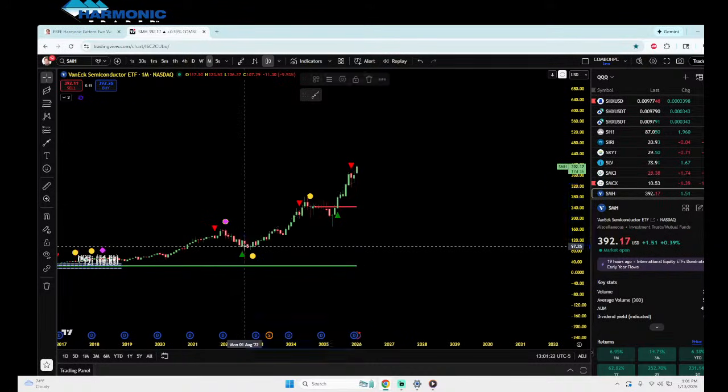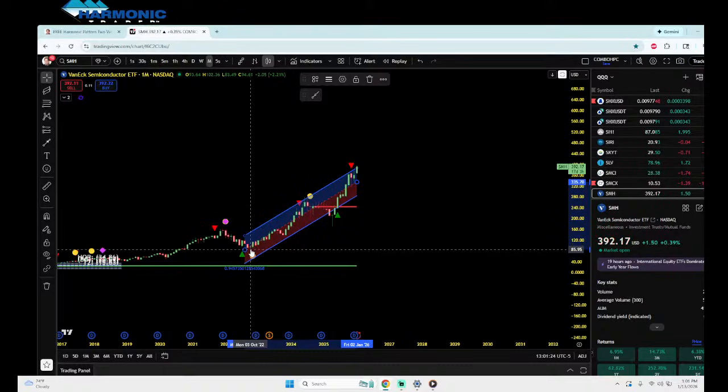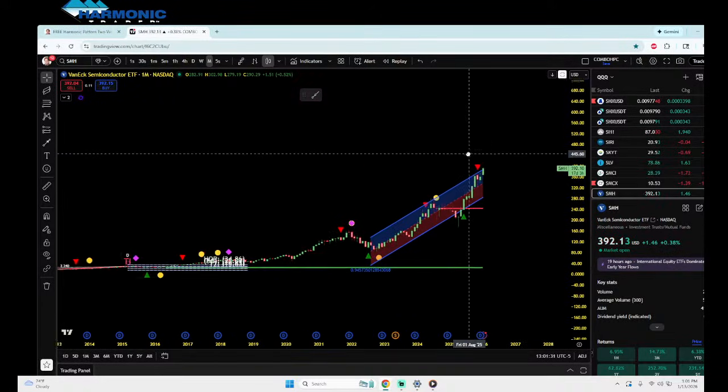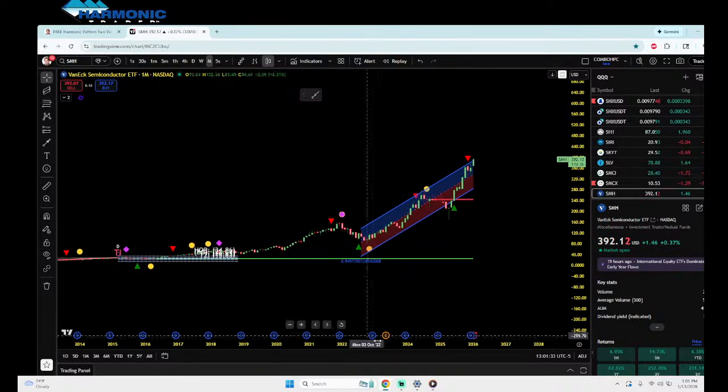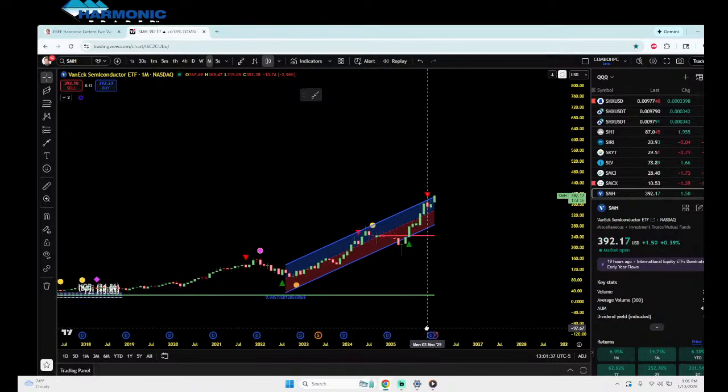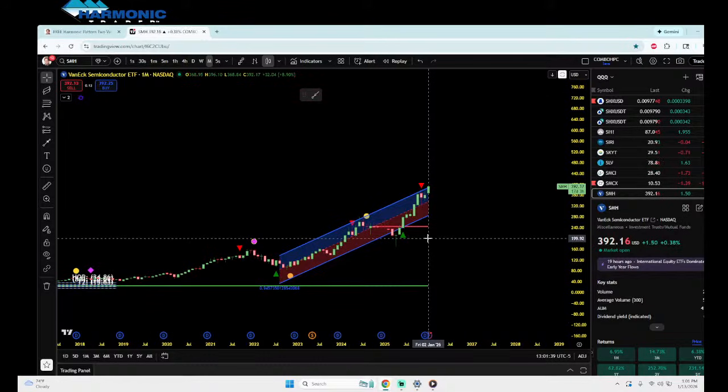You know, do a 10x off the 22 low from 75 to 750, because this looks like gold to me. This looks like a lot of markets that before they truly went parabolic, SMH is just not stopping.